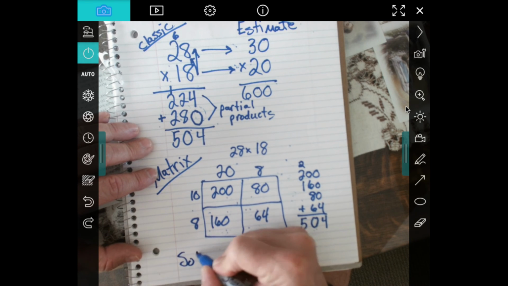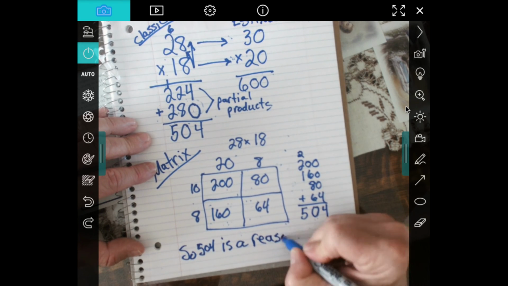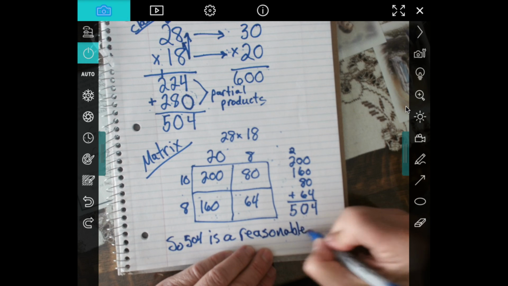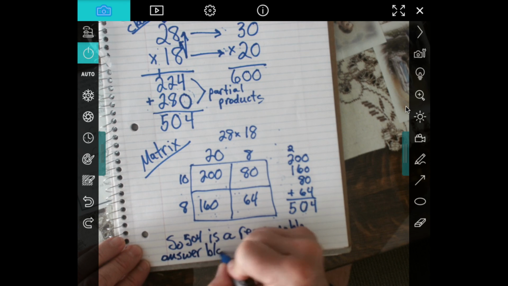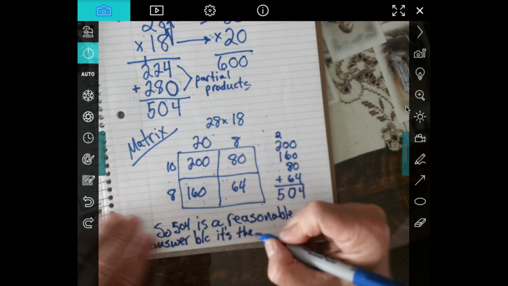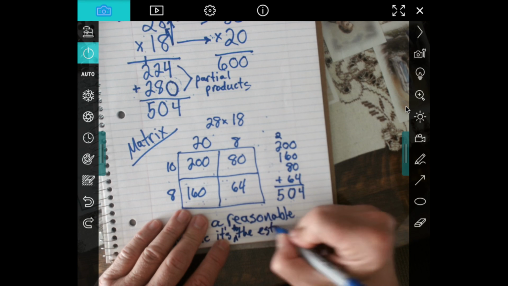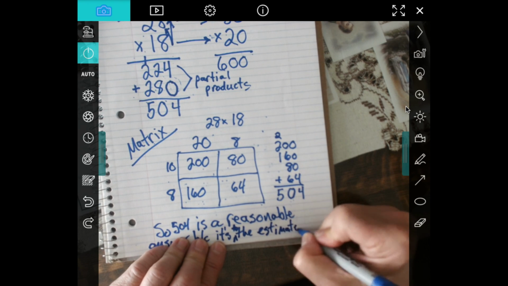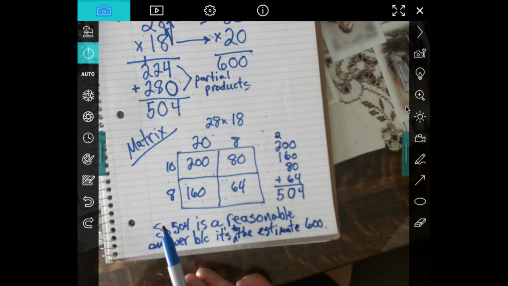So 504 is a reasonable answer because it's close to the estimate of 600.